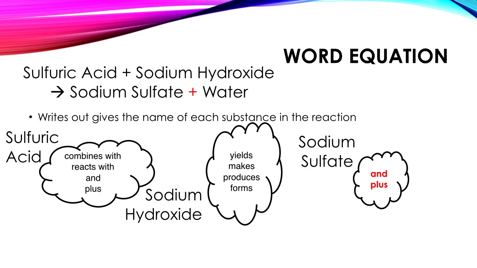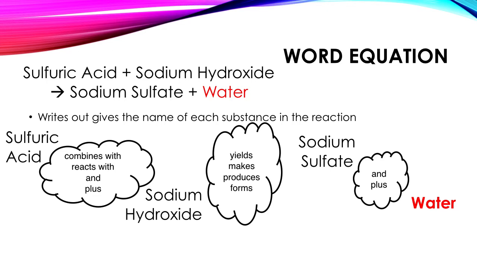Now on the product side, for the plus sign, we usually don't have very many words that we use. We usually are limited to and, plus. That's just the way that it works. That's just what most people say. And then at the end, you list the last substance, which in our case would be water.